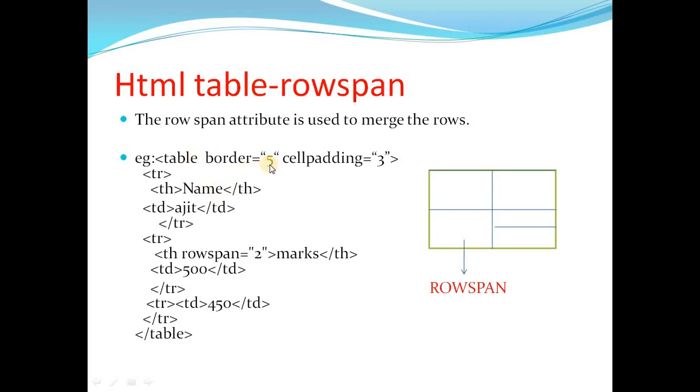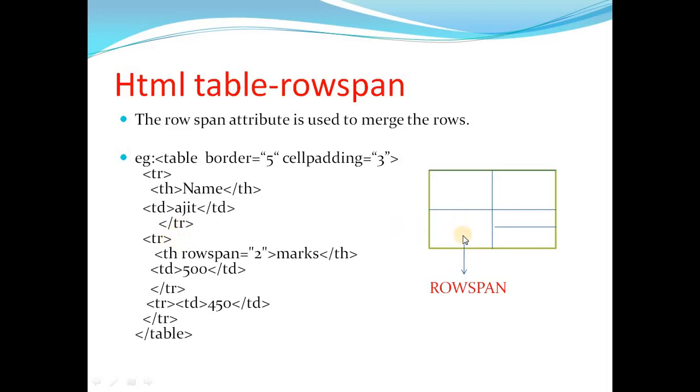That is a table border, again I have taken 5, cellpadding equals 3, start of the row, that is the tr tag, start of the heading th tag. Under the heading comes name, and under the name in the first cell comes Ajit. Next comes the close of the row. Again start of the second row.